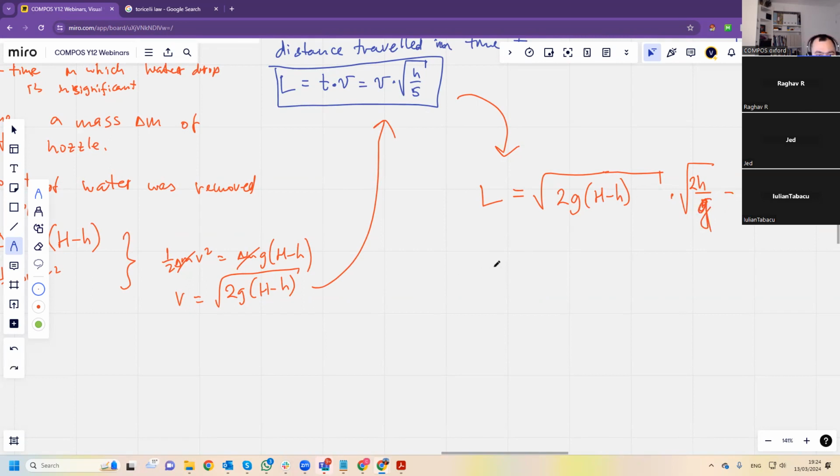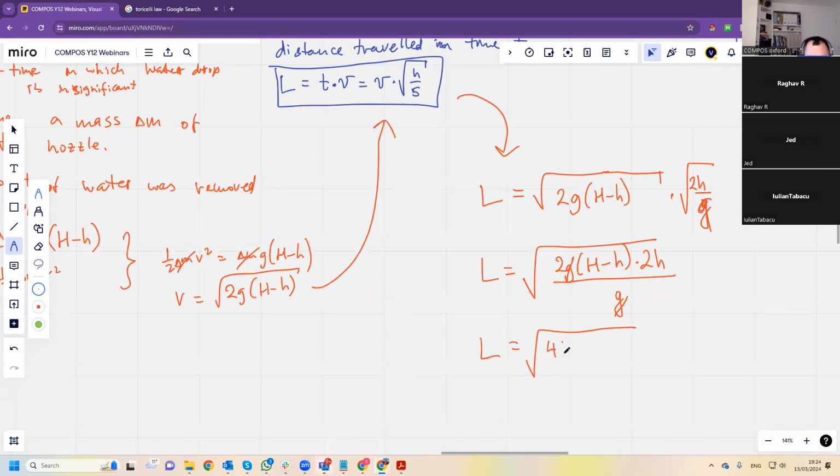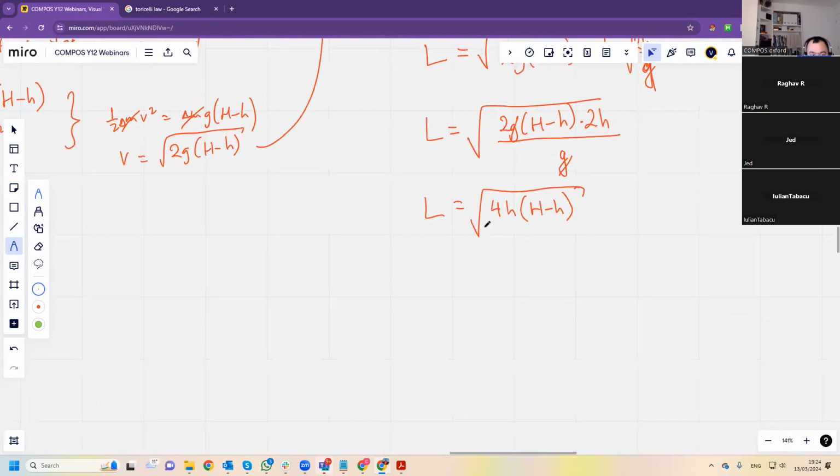We can put it into one square root: 2g(h minus h) multiplied by 2h over g. G cancels, so L is equal to the square root of 4h(h minus h). So the distance clearly depends on the height.